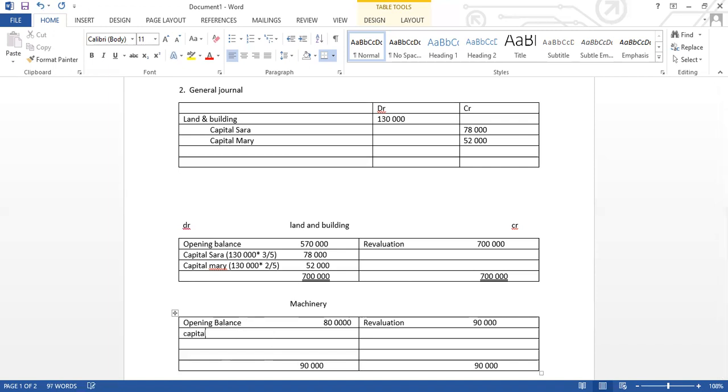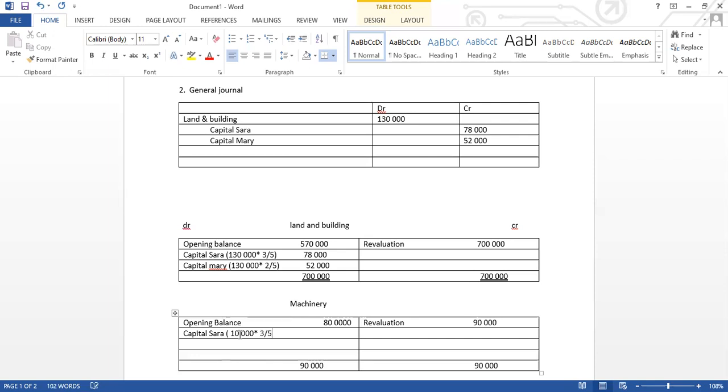accounts. So capital Sarah, using the old sharing ratio. When you are calculating revaluation, you use the old sharing ratio and not the new, because that's only distributed among the old partners. So it's 10,000. What am I doing? You multiply with how much? 3/5.